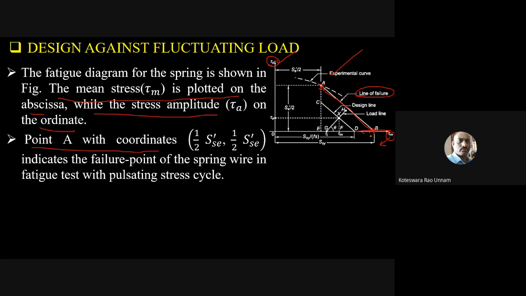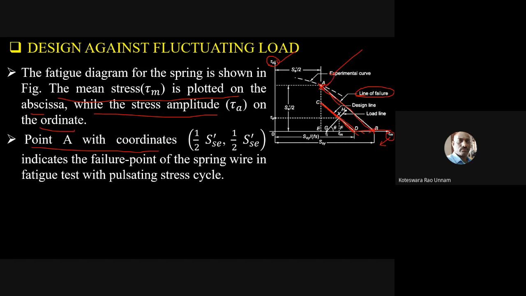But for this line of failure, we still apply some factor of safety, and that gives the design line. So this is the failure line and this is the design line. Now we need to see the coordinates of the extreme points of the design line and failure line.